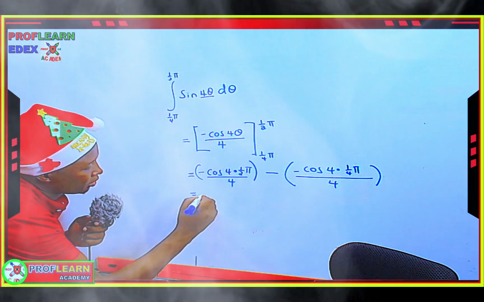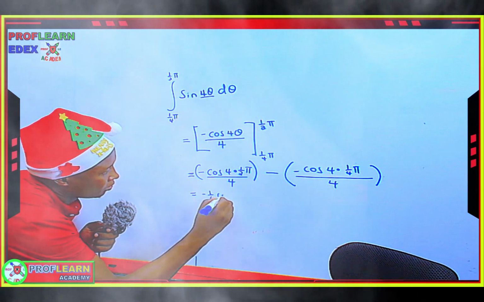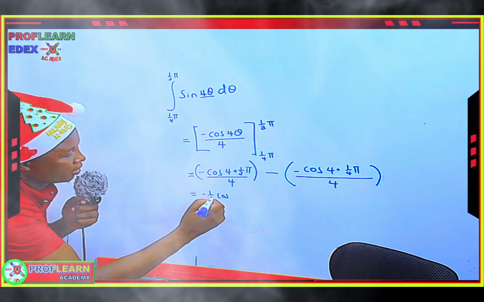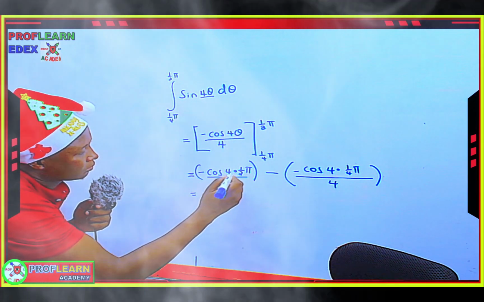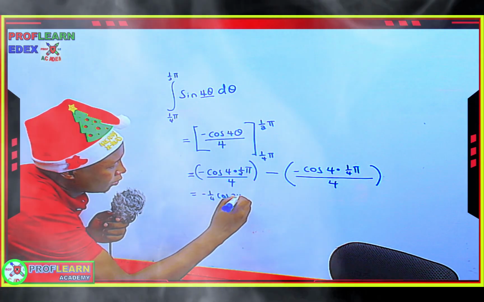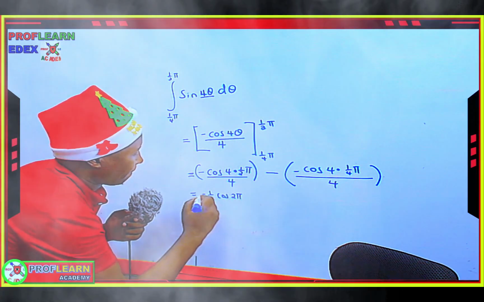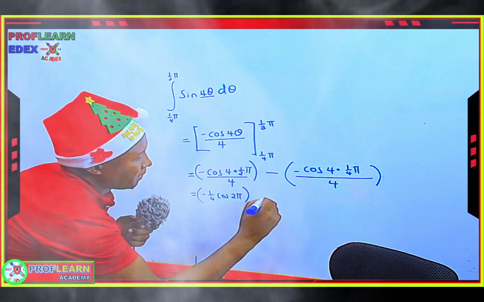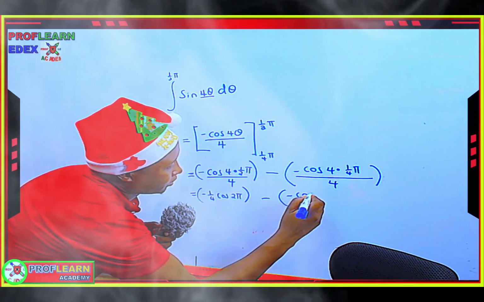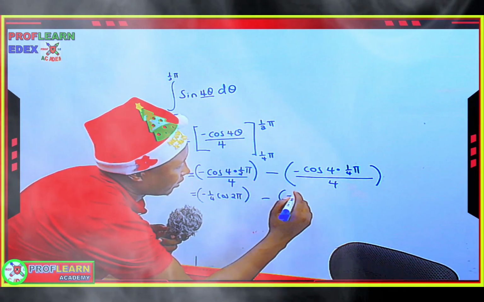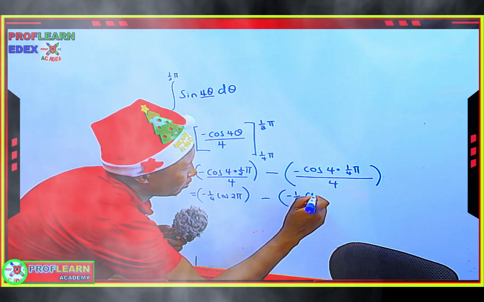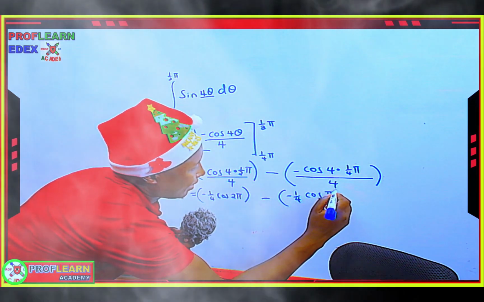Of course, this is going to reduce to negative 1 over 4 cos 2 pi, minus negative 1 over 4 cos pi.